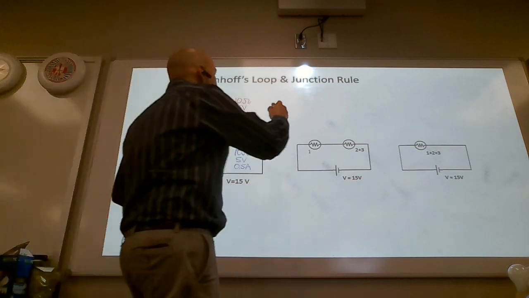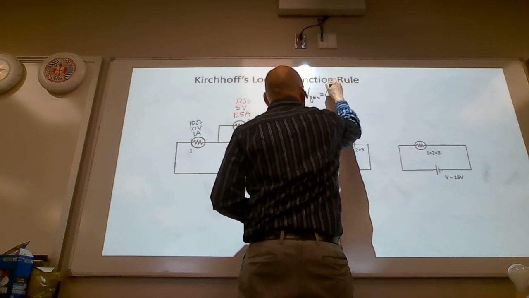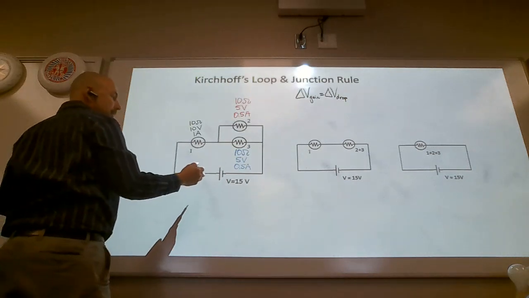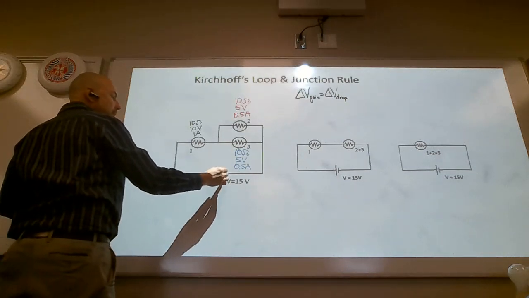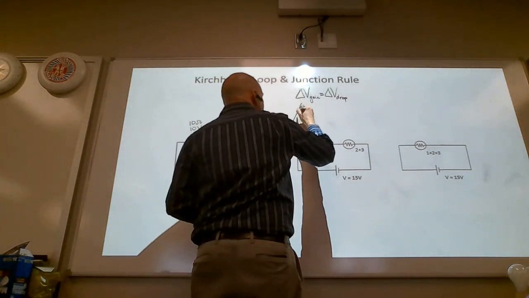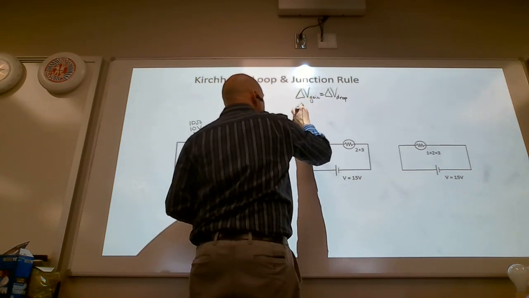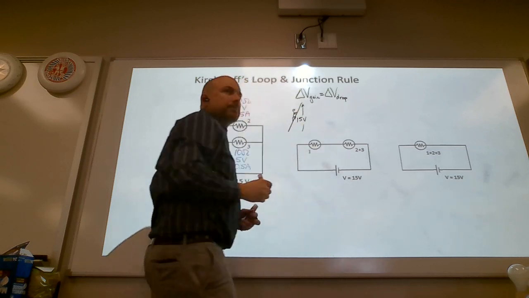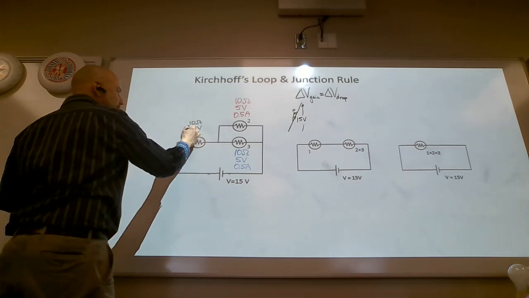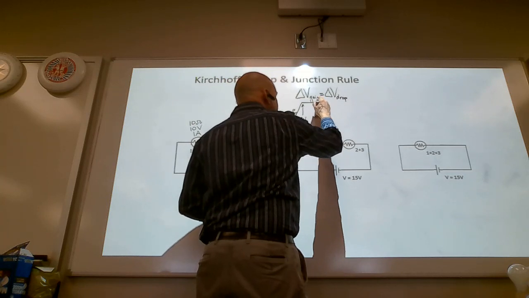The loop rule says this: for every loop, the total voltage gain equals the total voltage drop. Here I have a 15 volt gain, meaning I have a 15 volt high ladder. As I go across this one, I'm dropping 10 volts, so I got a 10 volt slide.